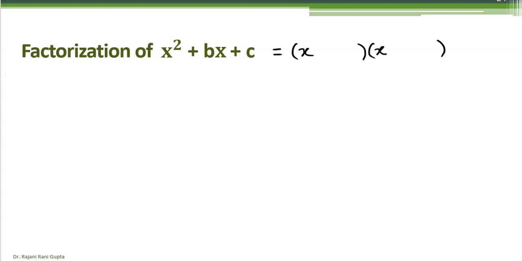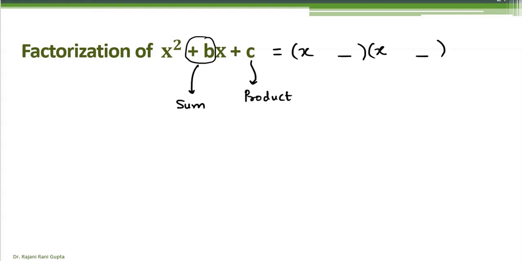Now, what is the concept involved in doing so? When we work on it, we look for two numbers in such a way that when we multiply those two numbers, the product is the same as c, and when we add the same numbers, we get the sum as b.